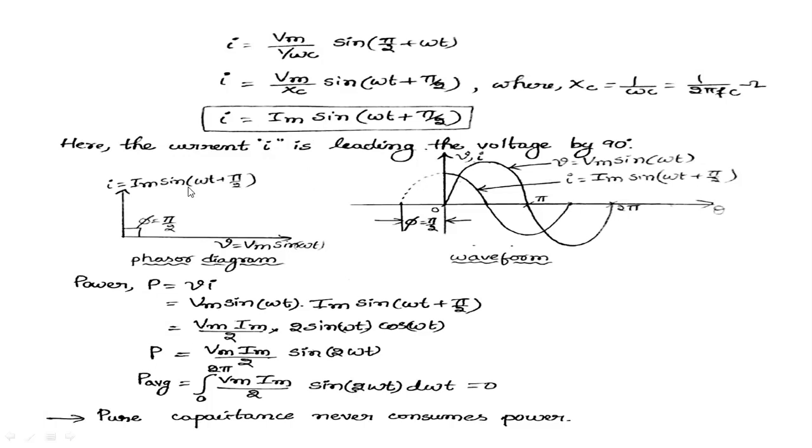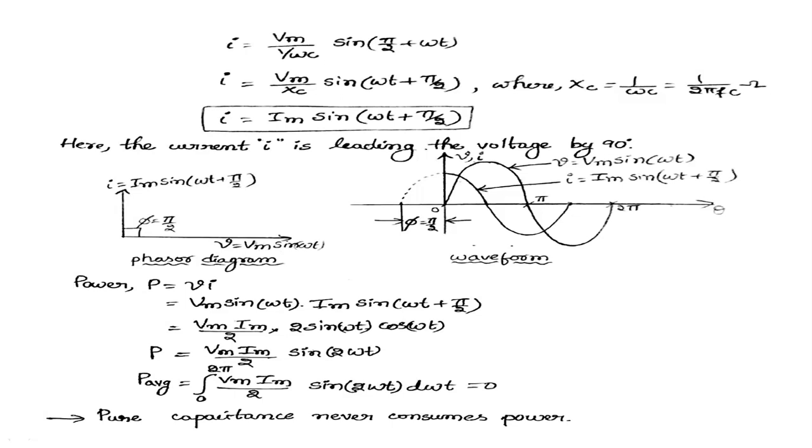This is shown by the phasor diagram, which represents the voltage V equals Vm sin omega t and the current I equals Im sin of omega t plus pi by 2.